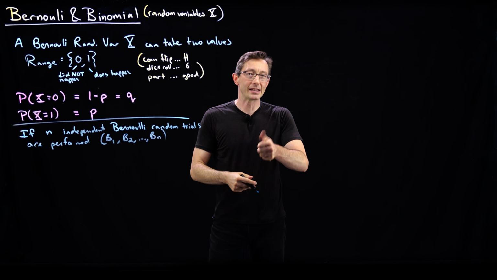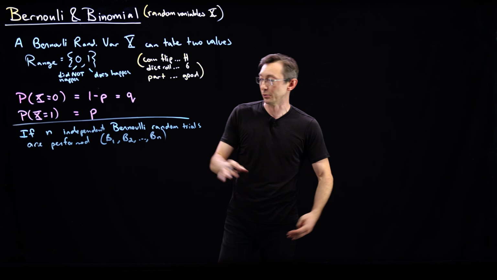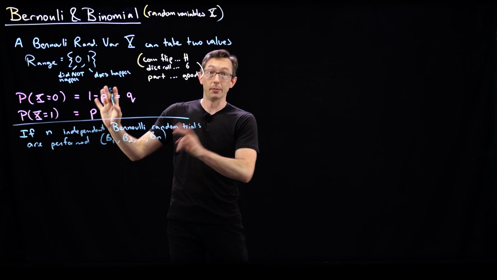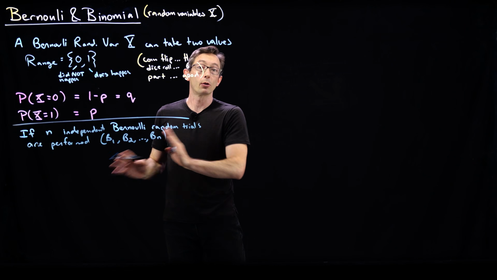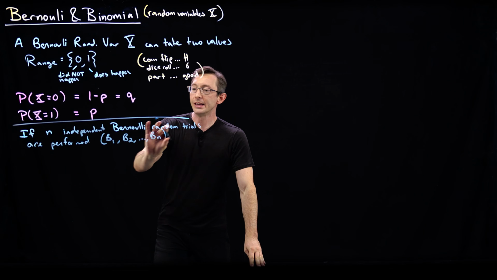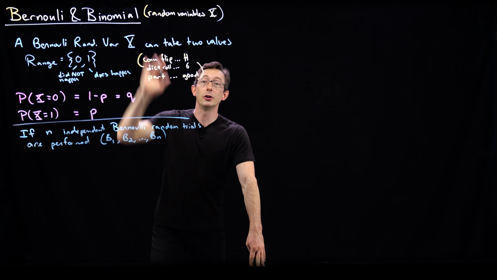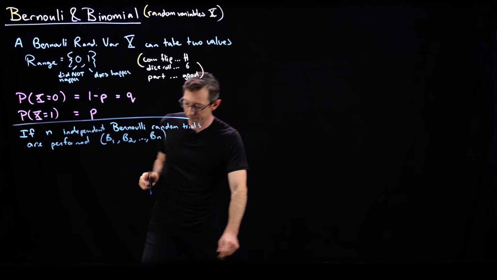These are independent, so basically it's n coin flips or n dice rolls. And each of these could be either 0 or 1 with some probability. Then the sum of these Bernoulli random trials is a binomial distributed random variable x.